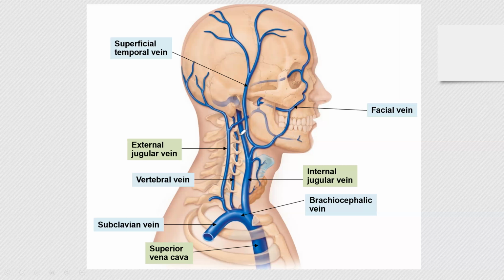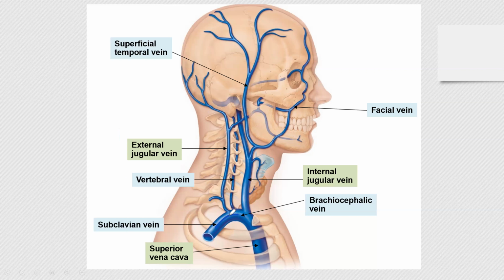But just remember that through the internal jugular, vertebral, and external jugular, through all these three blood vessels, blood is collected from the head, brain, face, and neck region, right, back to the brachiocephalic vein.